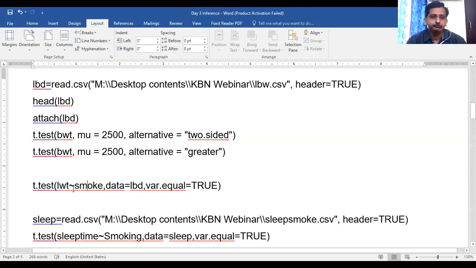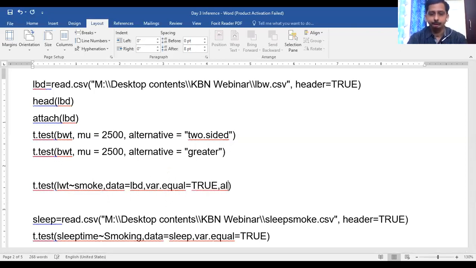Then the variable that has to be compared across the factor variable should be defined first, then the tilde operator should be used, and the category factor variable where this variable is to be compared should be defined, and you have to call the data LBD, and I'm making an assumption that var dot equal, variance dot equal, is equal to true.